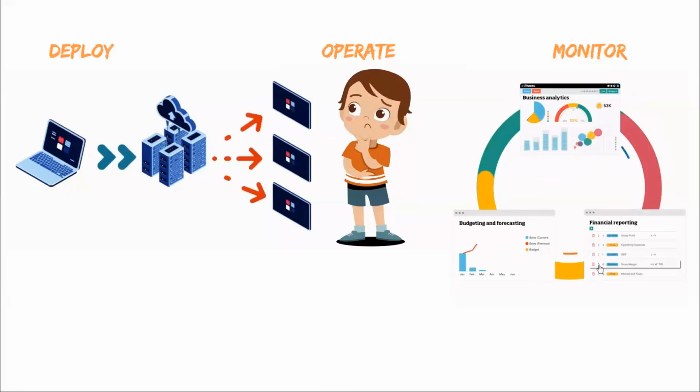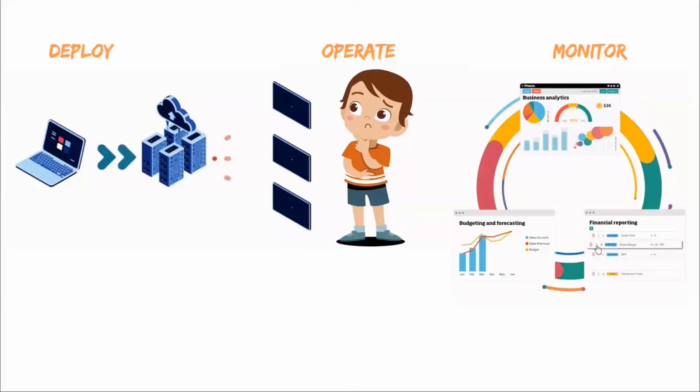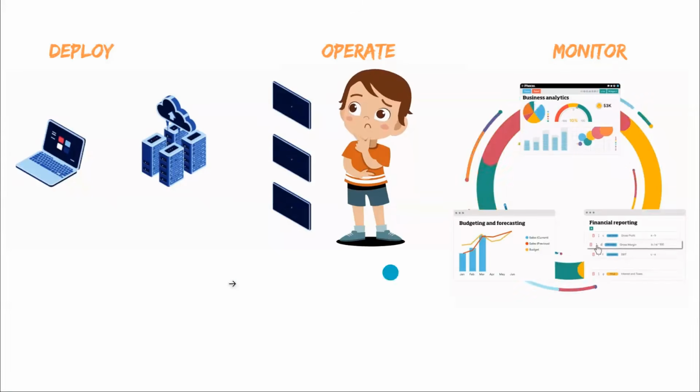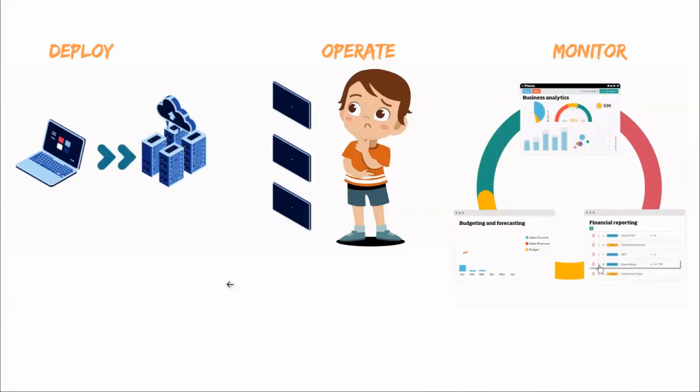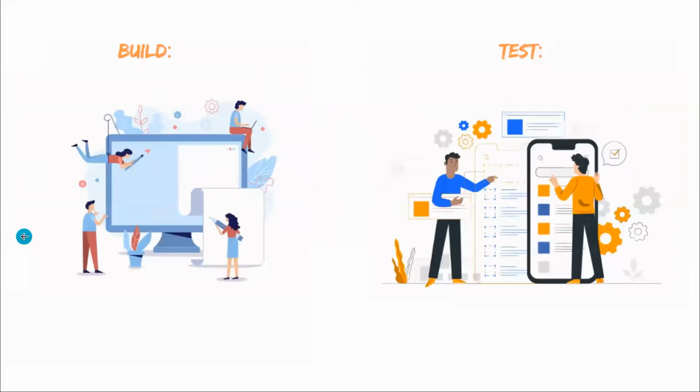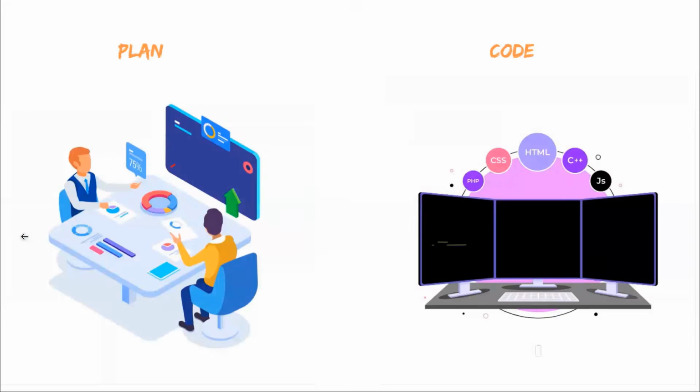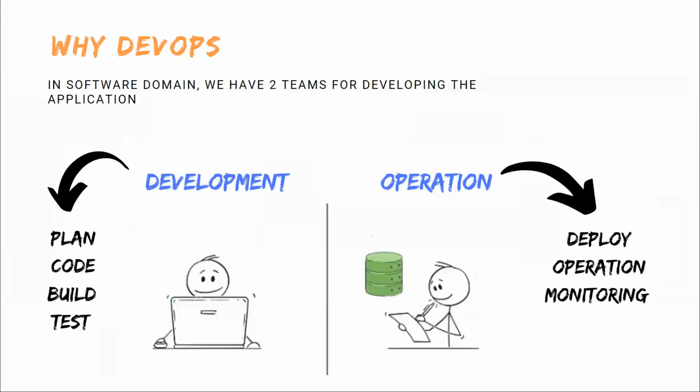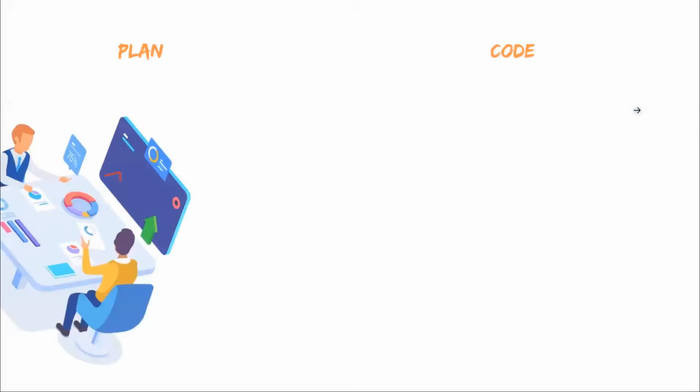These are the 7 stages of the software development lifecycle. One more time, I'll explain each part for you. Sir, to create the application, how many teams do we require? 2 teams. Team number 1 is development, team number 2 is operation. The development team will do planning, coding, building, and testing.